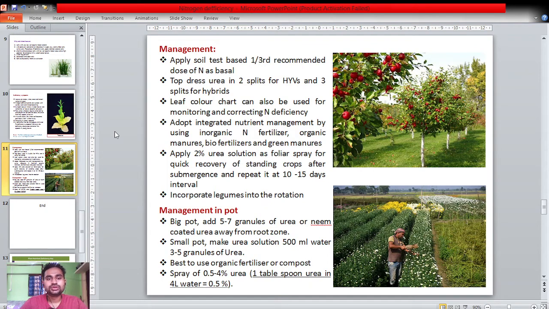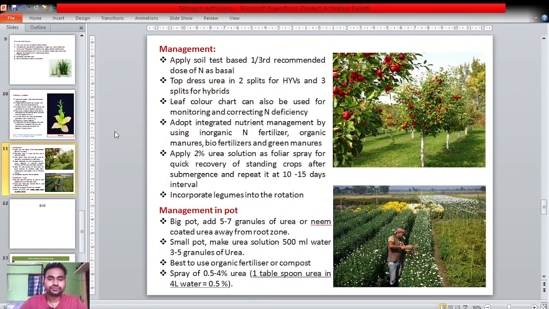All the dose should go as basal dose in case of fruiting plants, but in case of small flowering plants we can go for top spreading. You spread the urea by hand, or you have a device for that. So this is the process.